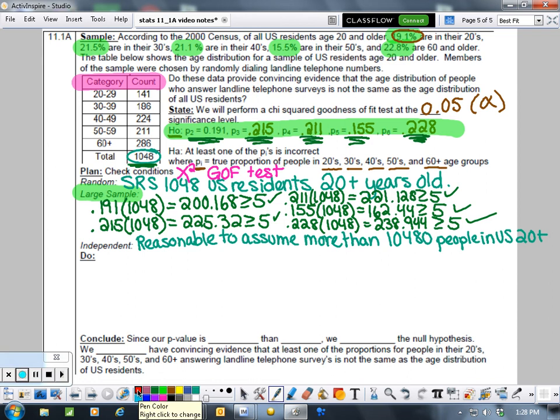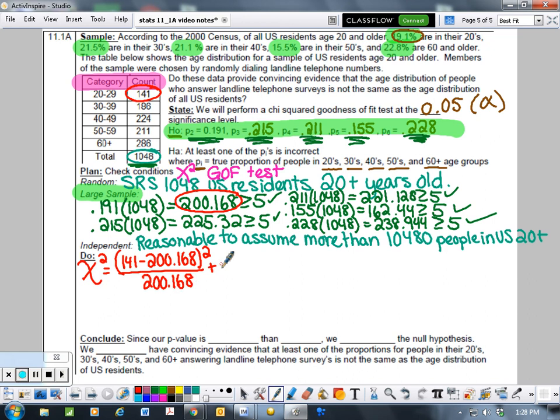So for our chi-squared, we're going to go ahead and take the observed amount for the 20s, so 141. I'm going to subtract the expected amount, 200.168. I'm going to square that and divide by the expected.